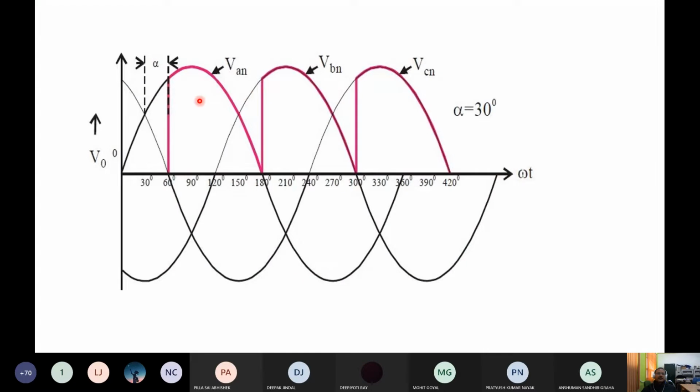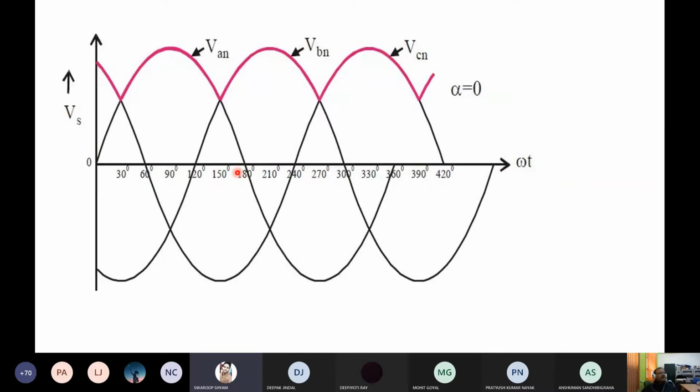Sir, it is written that alpha is 0 at omega t equal to 30. What does this omega t equal to 30 signify? Why do we not take from 0? Omega t is 0 here.